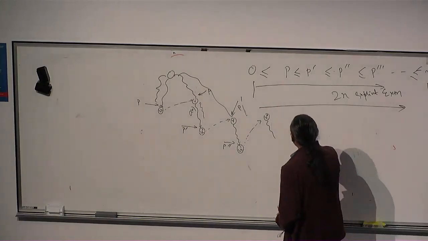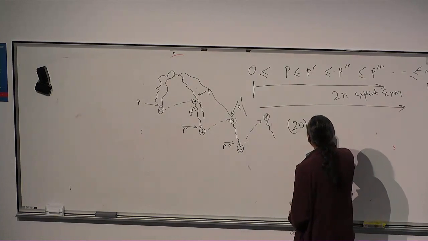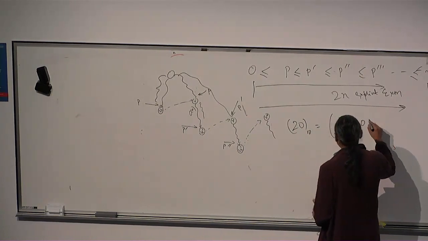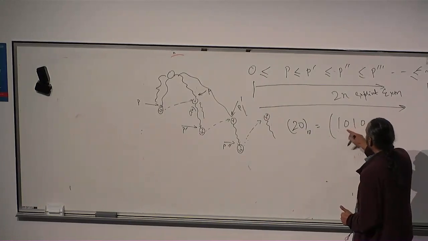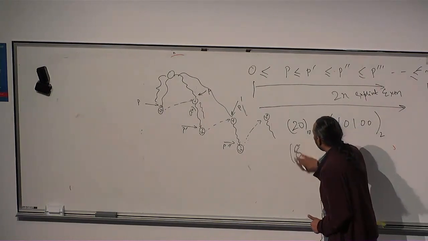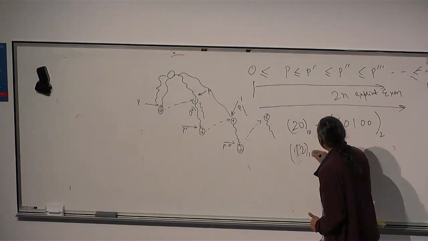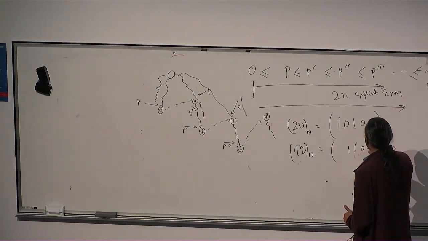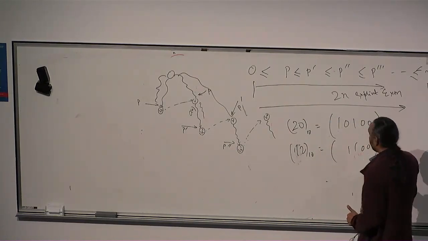So 20 in base 10 would be nothing but 1 0 1 0 0 in base 2, that's 16, 4. And 12 in base 10 would be nothing but 1 1 0 0 in base 2, right?